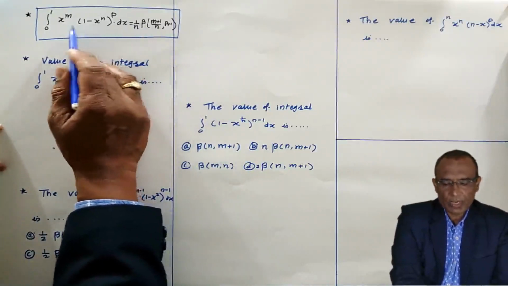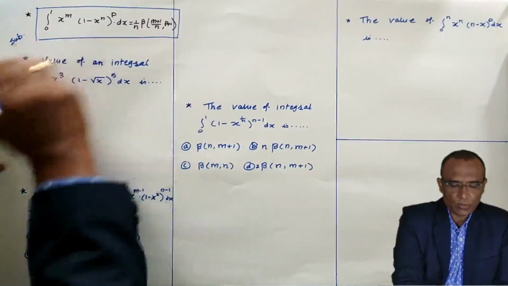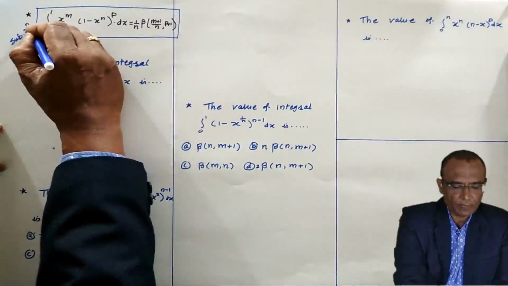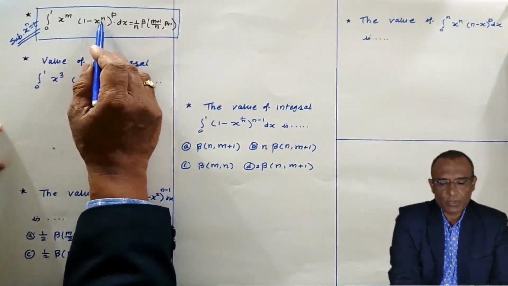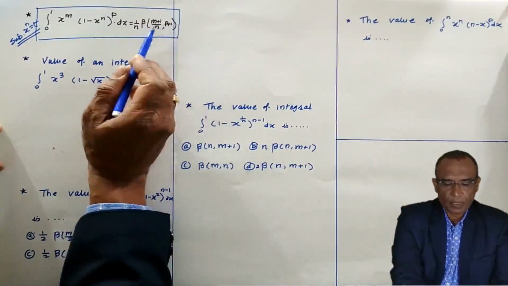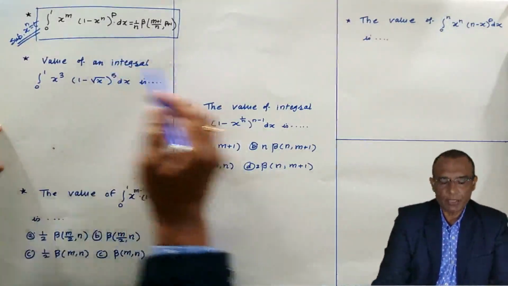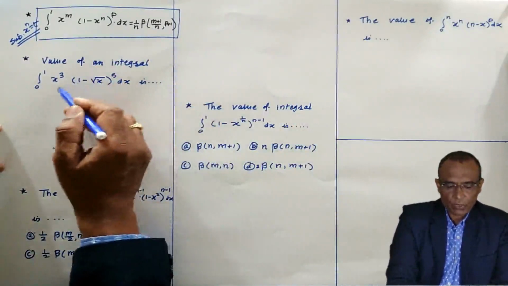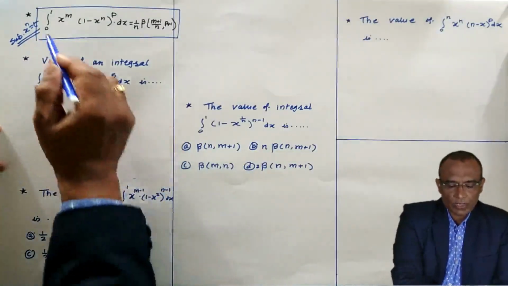If you want to prove left hand side equal to right hand side, solve this integral by substituting x to the power n equal to t, then you will be getting the right hand side. But here we are going to solve problems on this formula, because in examination the evaluation of this type of integral may be there. Now, what is the formula?